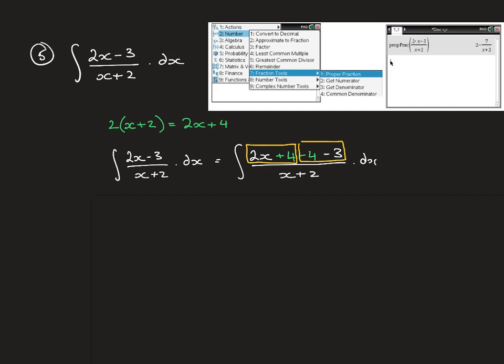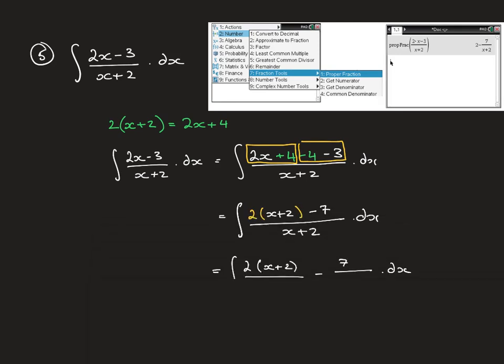And what that does, when I separate that out, is it gives me the ability to, at this stage here, cancel down x plus 2, cancel down x plus 2. And this part here becomes this 2 up here.